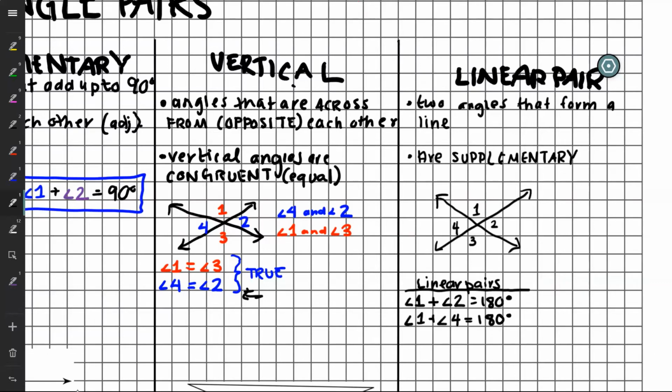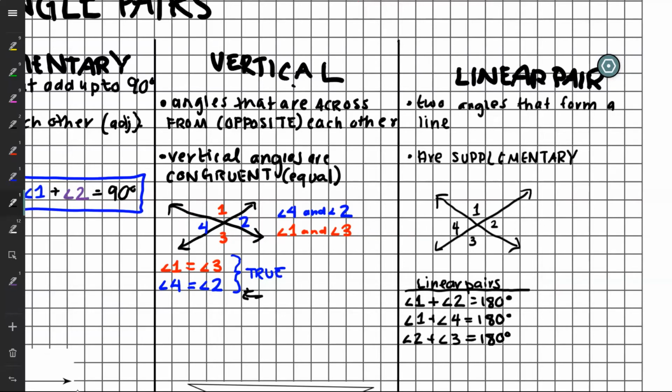Alright, now let's look at angle 2. So we already know that angle 2 is going to be a linear pair with angle 1. We have it here already. Angle 2 is also going to be a linear pair with angle 3. So let's write that. Angle 2 plus angle 3 also equals 180 degrees.